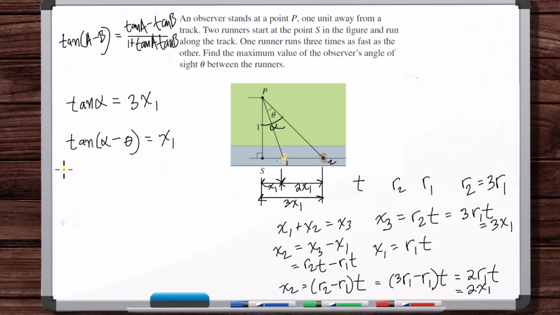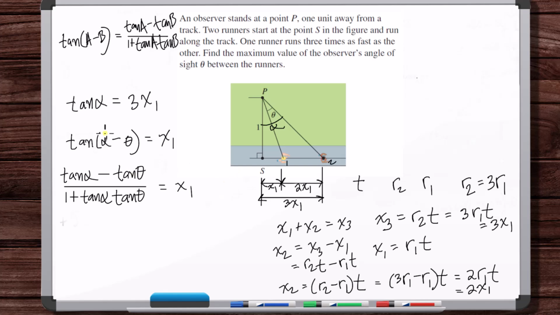So we've got tangent alpha minus tangent theta over 1 plus tangent alpha tangent theta is equal to x1.